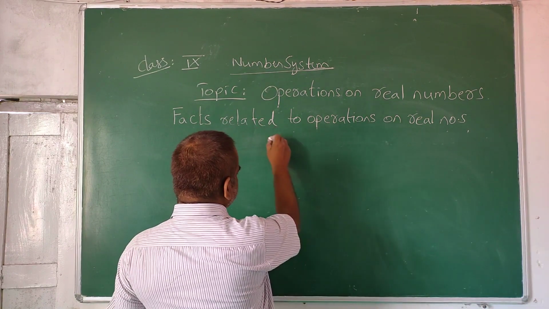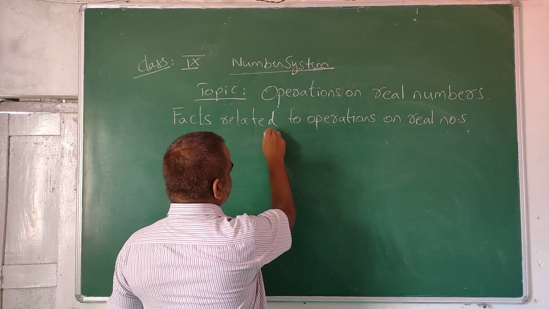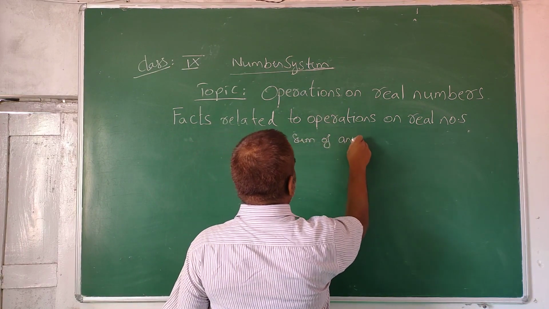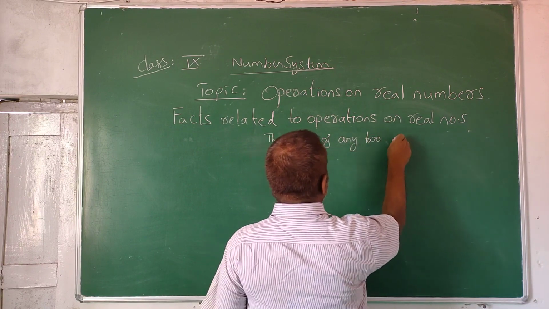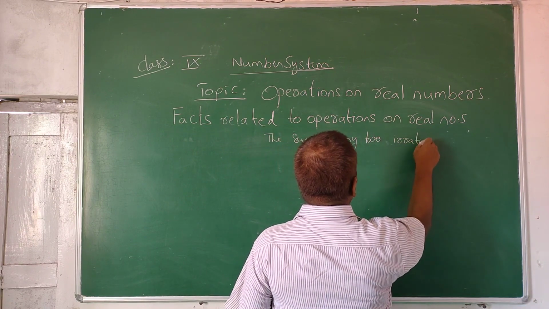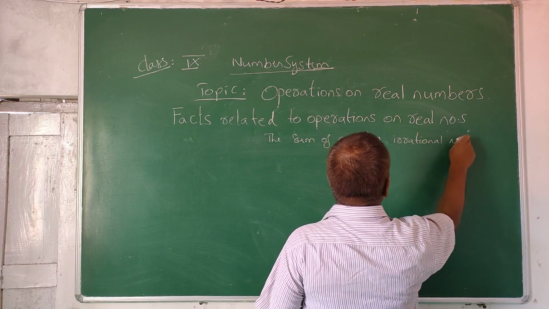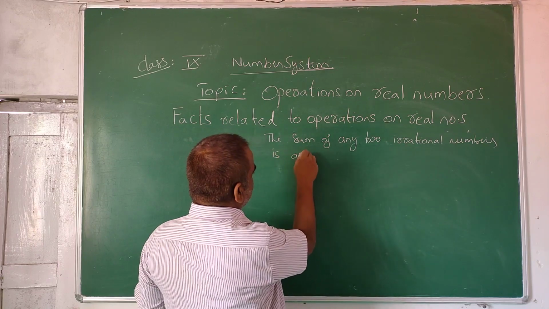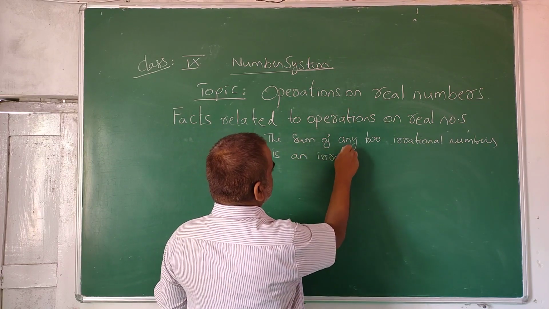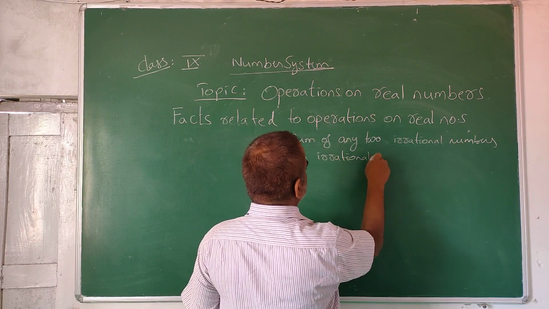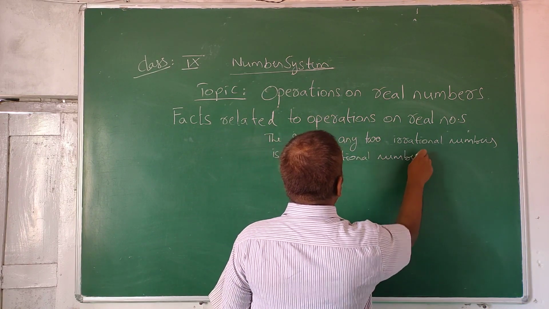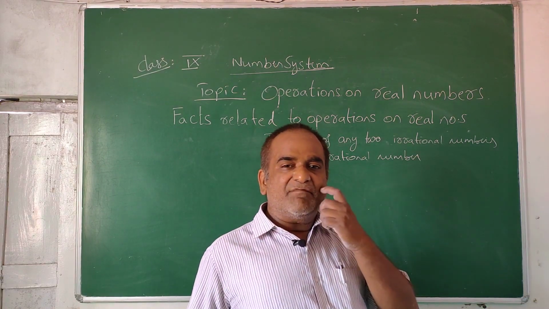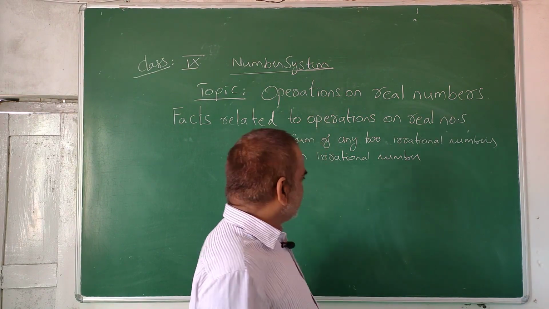Now, coming to irrational numbers, the sum of any two irrational numbers is an irrational number.